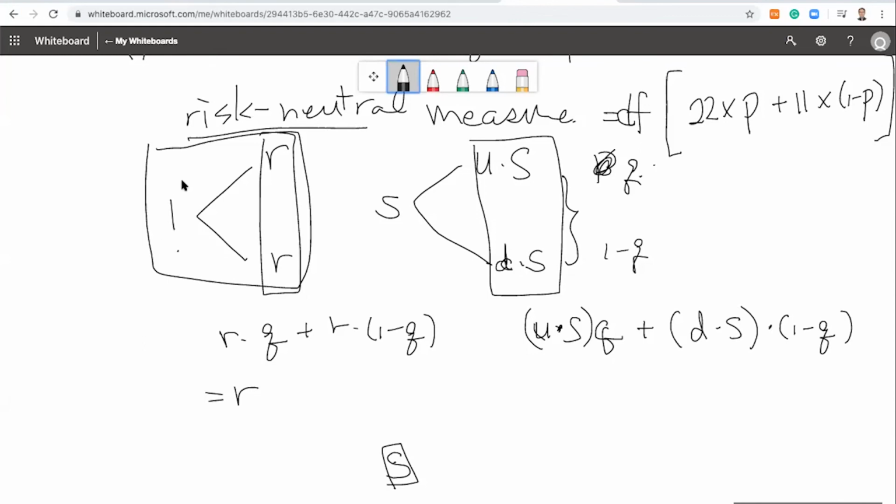Then his gain will be R times S, because he puts the S dollars in the bank and the interest factor is 1 plus the interest rate, so he will get R times S. But if he invests his S dollars in the second game, from the expected value point of view, he will get this amount of money.